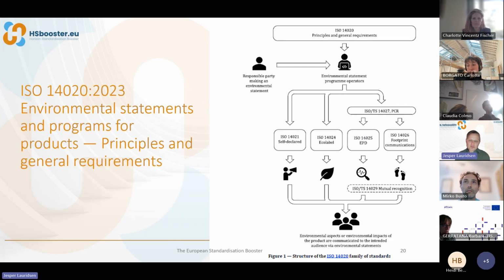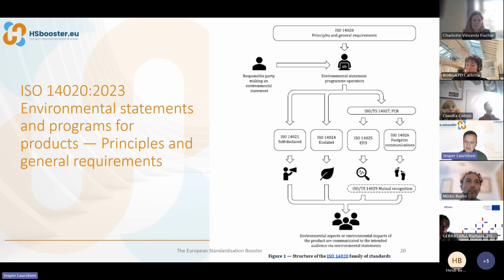So now I'm showing you, if you remember the earlier slide for Technical Committee 207, that there was a subcommittee 5 for the LCA, but there's also a subcommittee 3 working with the labeling standards. And these labeling standards are the ones that are used, as you see here, when you have the 14044.